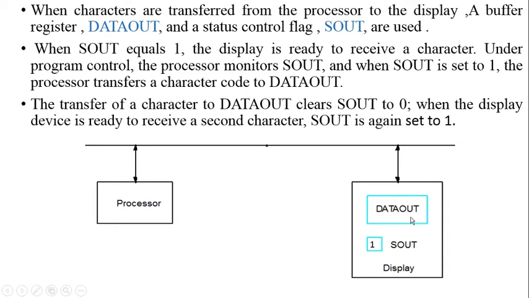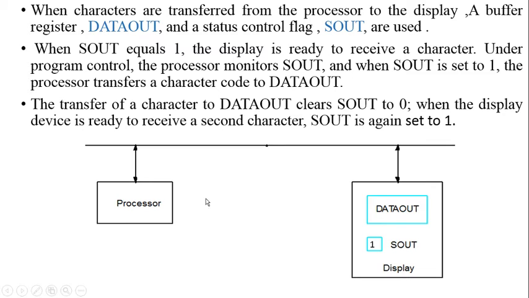Whenever the data now available in data out is displayed, SOUT is automatically set to 1 again. The monitor program notices this change, and whenever the value becomes 1, it informs the processor, and the processor transfers the next character to the display unit and stores it in the data out register.